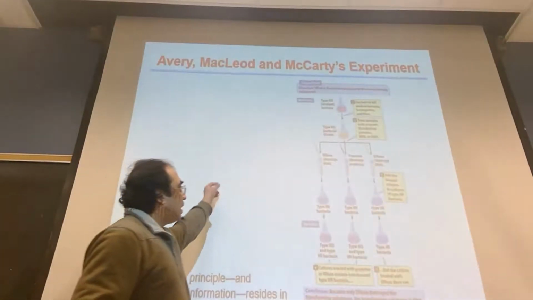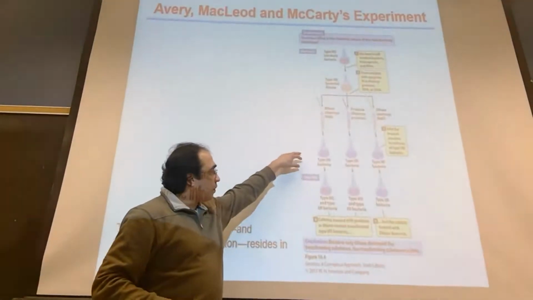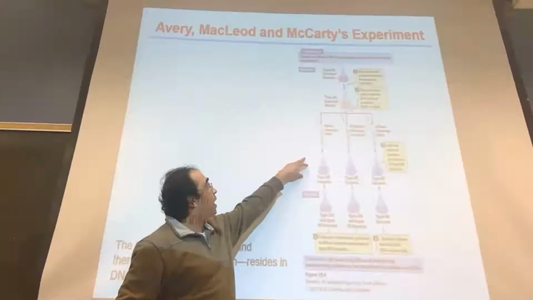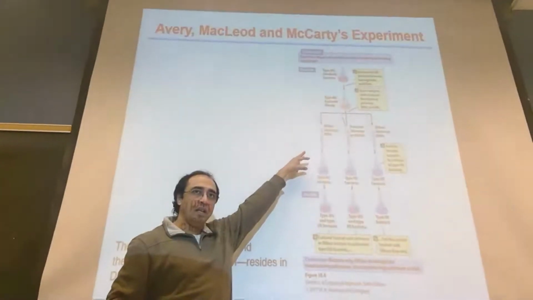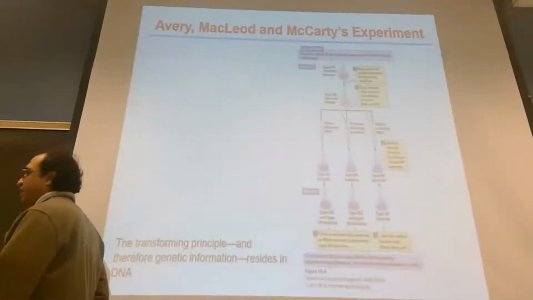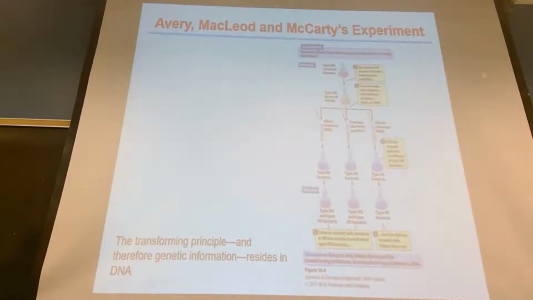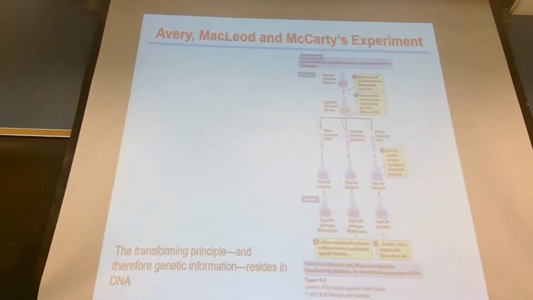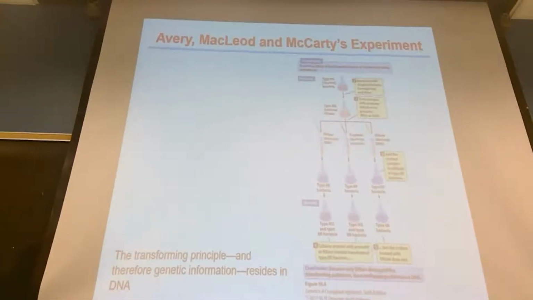The first one, take out the type 2 bacteria and destroy the RNA, so there is no RNA. Another one, use protease to destroy the protein, so RNA and DNA are there. Another one, destroy the DNA, so there is only RNA and protein.